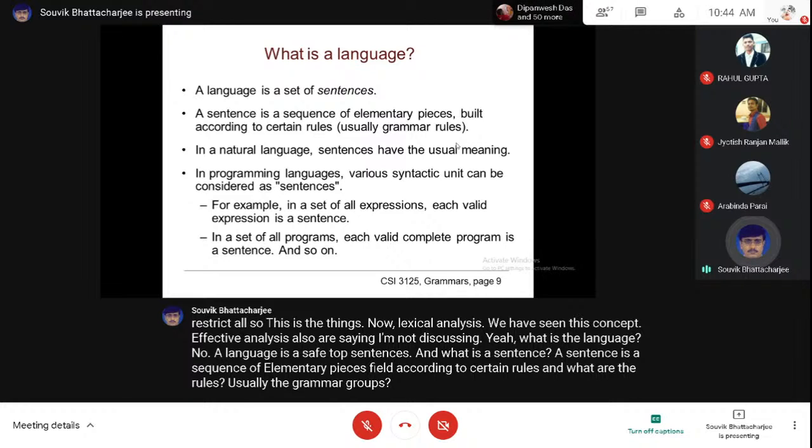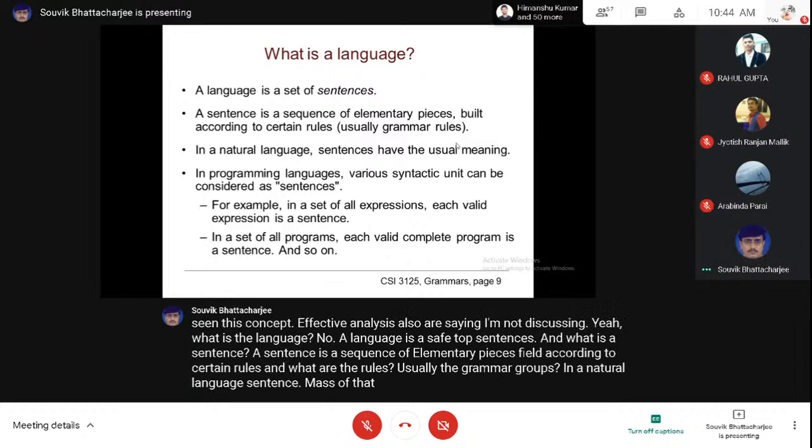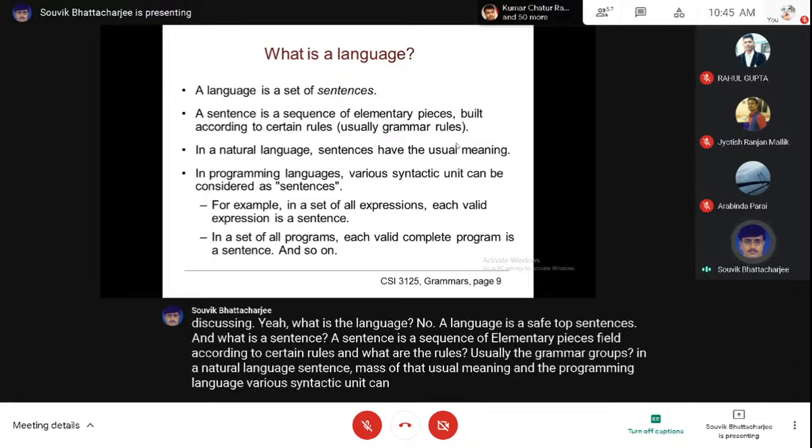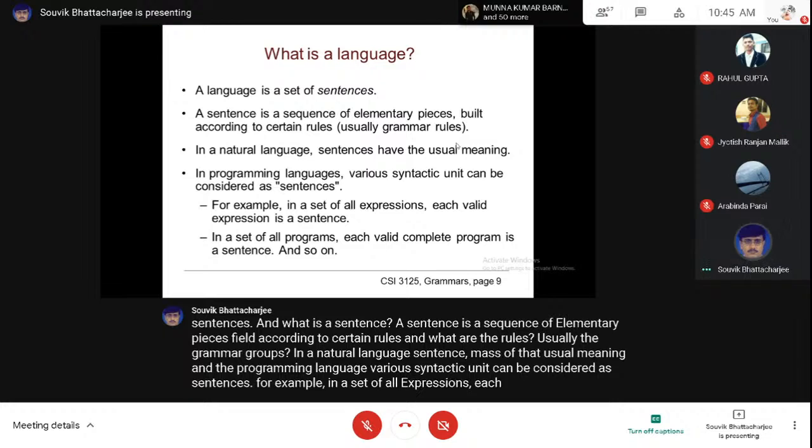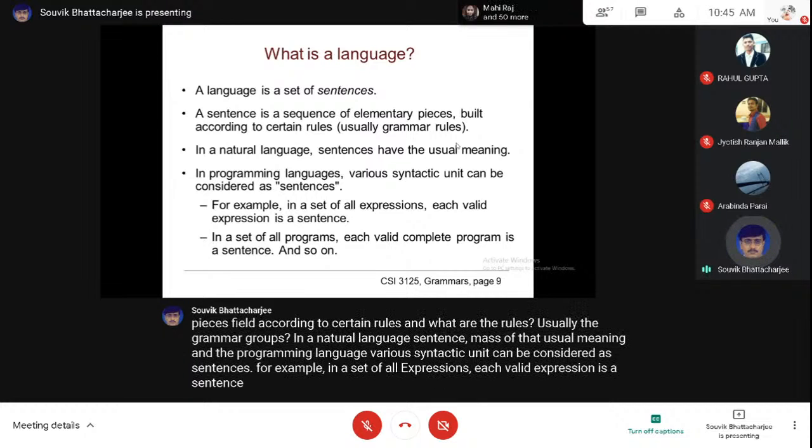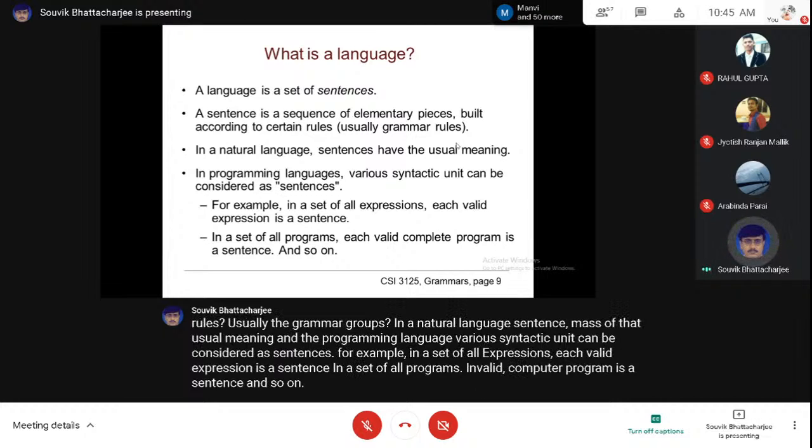In a natural language, sentences must have their usual meaning, and in a programming language, various syntactic units can be considered as sentences. For example, in a set of all expressions, each valid expression is a sentence. In a set of all programs, each valid complete program is a sentence, and so on. Is it understandable?